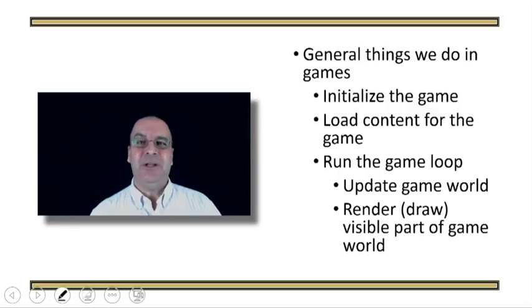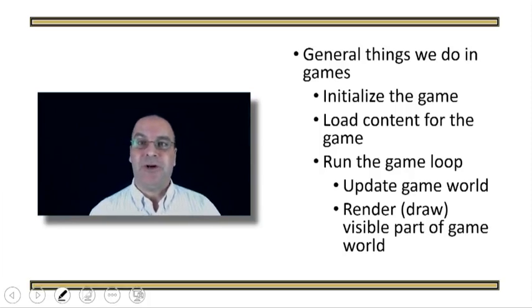It means having non-player characters plan how they're going to come get you. It means all kinds of stuff where we update the game world. And then we draw it, because updating the game world without actually showing the player those updates leads to a fairly boring game, right? It's all invisible. So we update the game world, then we draw it.